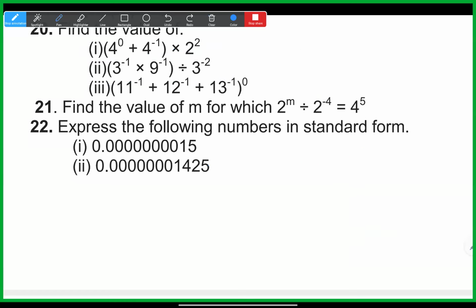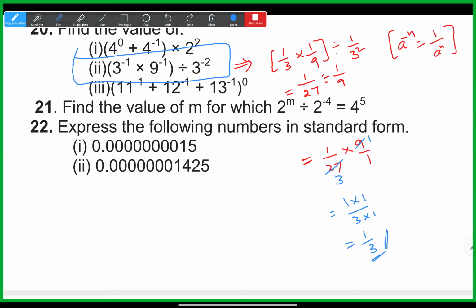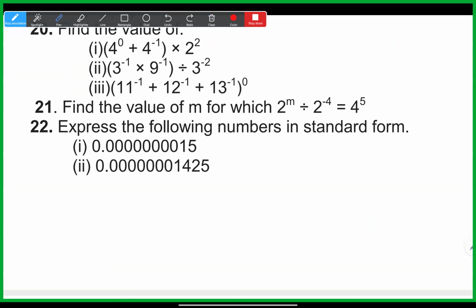Third bit, can you tell directly, Yeshua, what I have to get? Sir, it's 1, the entire answer. Why 1? Sir, because 0 is there.